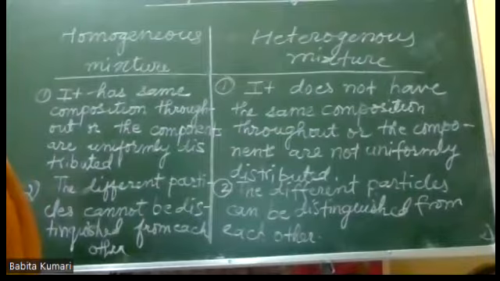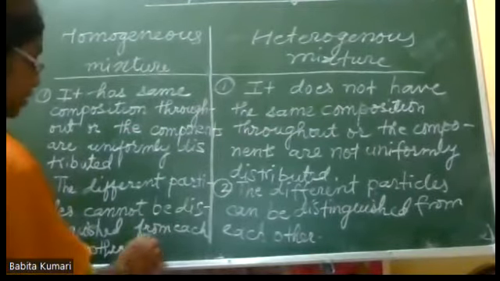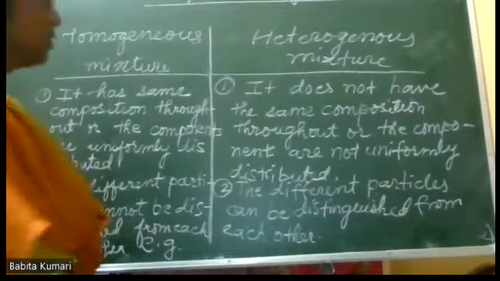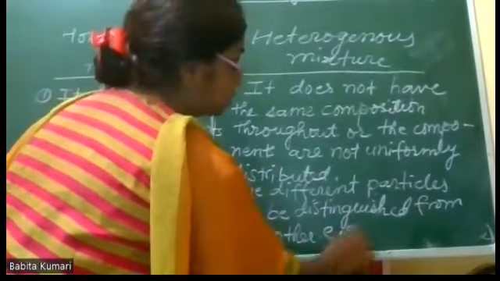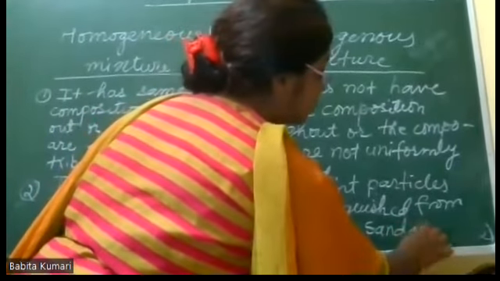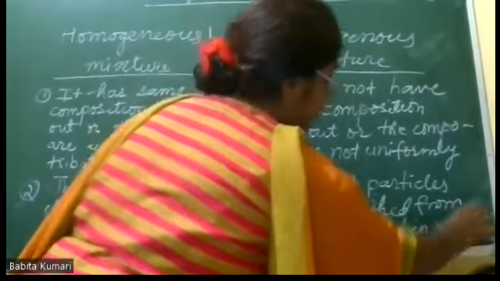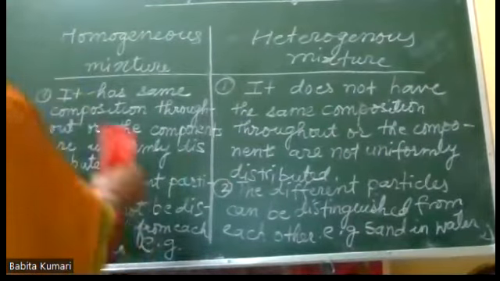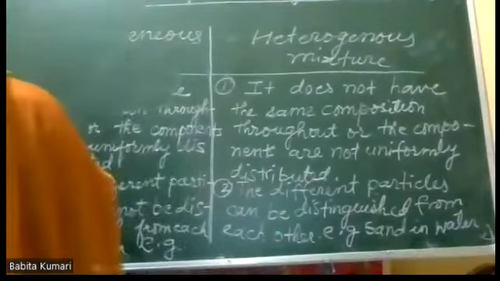Okay, now next you can write the examples. That is for homogeneous mixture, salt in water. Example में लिखोगे salt in water, sugar in water, honey in water. You can write this. And for heterogeneous mixture, sand in water. You take this screenshot and I'm just erasing it. All right. Let me erase it. And the next point, what we will do.